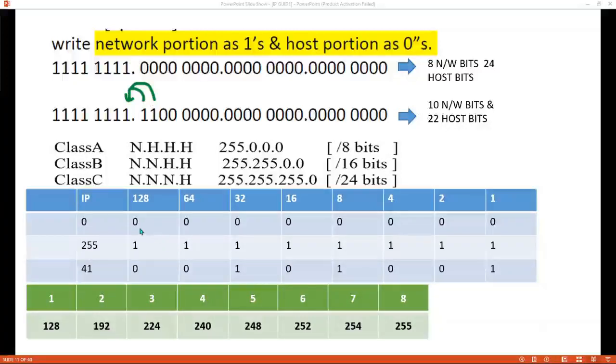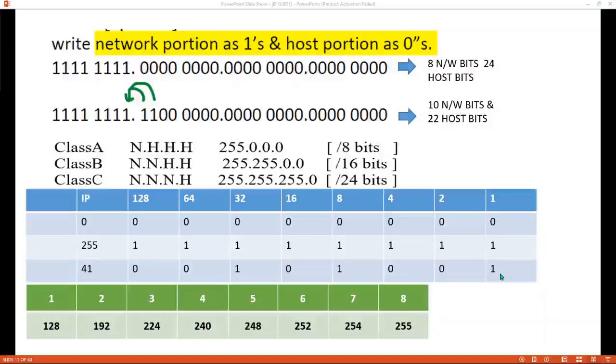If you fill all these 8 bits with zeros, you are going to get 0. Likewise, by changing the ones in these columns, you can have any number between 0 and 255. For example, let's say you fill the 32 column with 1, the 8 column with 1, and the ones column with 1.